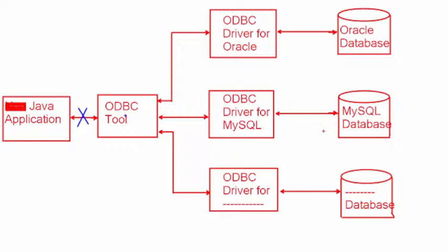Then how to solve this situation? One translator is required. So here also, they developed one translator. Whatever instruction the Java application passes, this translator translates it for ODBC.